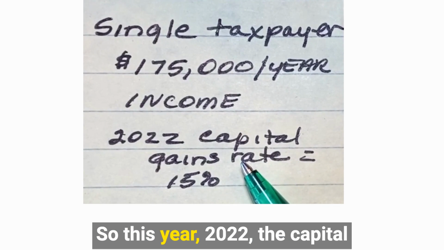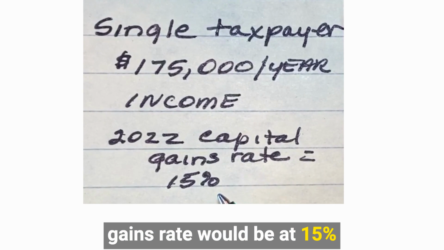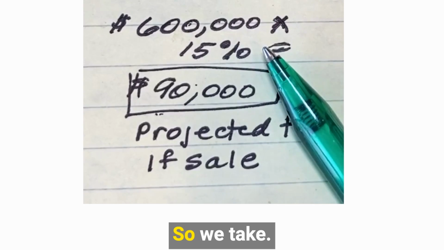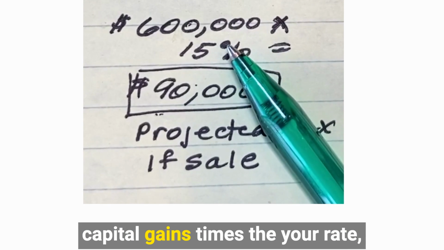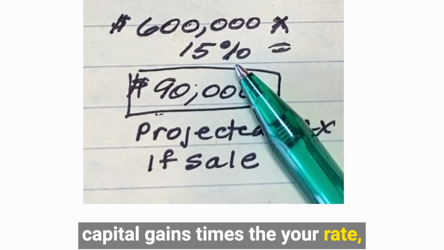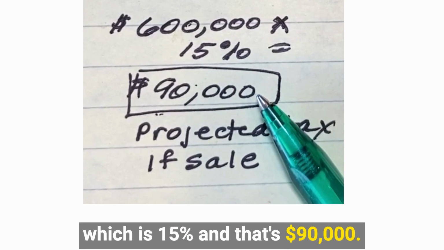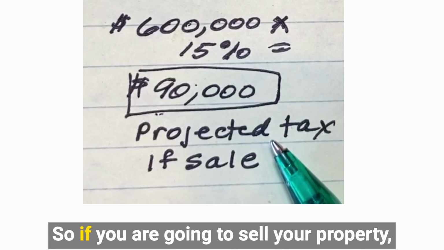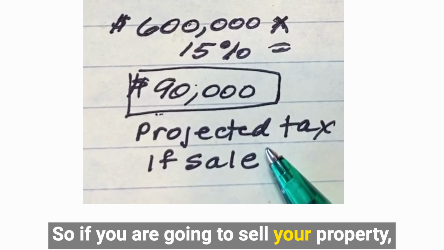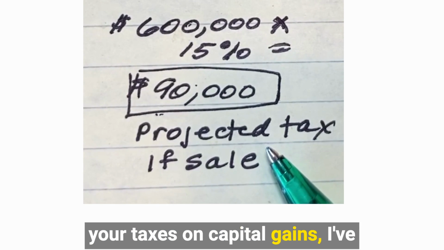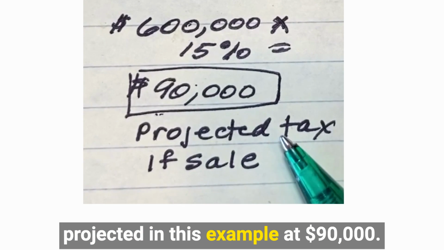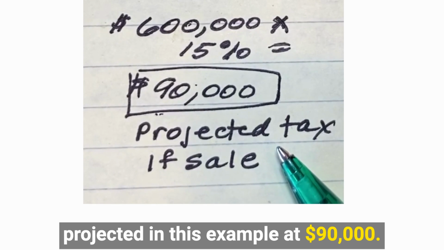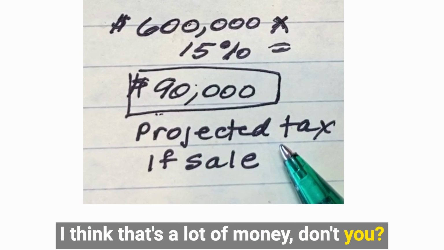So this year, 2022, the capital gains rate would be at 15% for that kind of base income. So we take your capital gains times your rate, which is 15%, and that's $90,000. So if you are going to sell your property, your taxes on capital gains, I've projected in this example at $90,000. I think that's a lot of money, don't you?